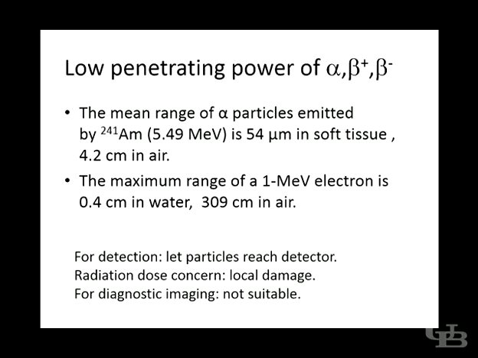So the implication of these properties of alpha and beta particles is, if you are designing a detection instrument, for both particles, because they don't penetrate well through matter, if you have a pretty thick cover, then the particle may not be able to reach your sensitive detector.